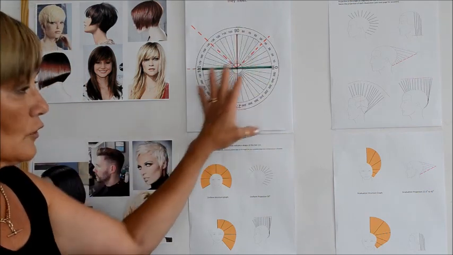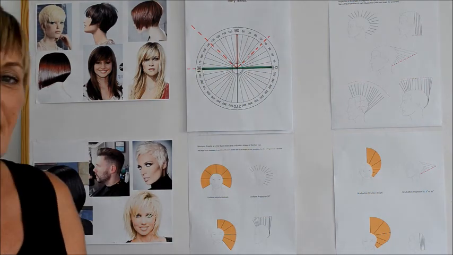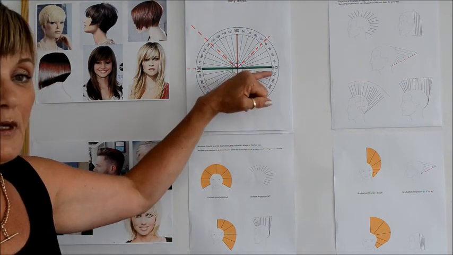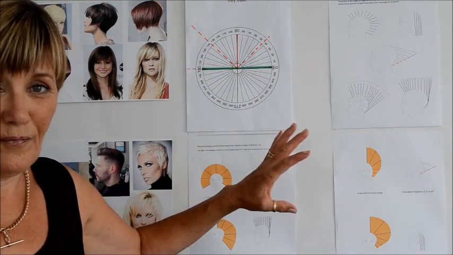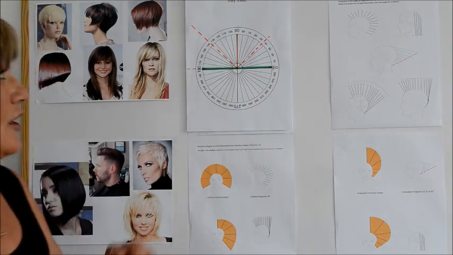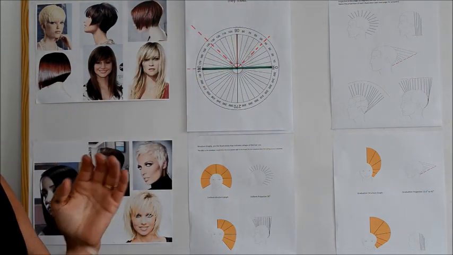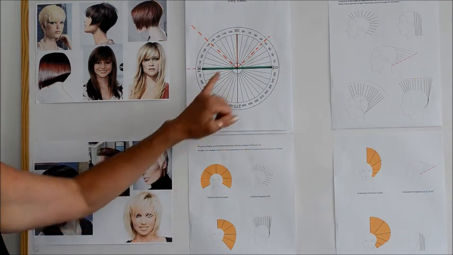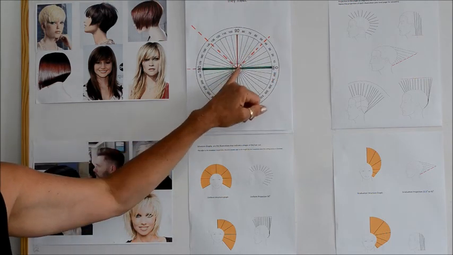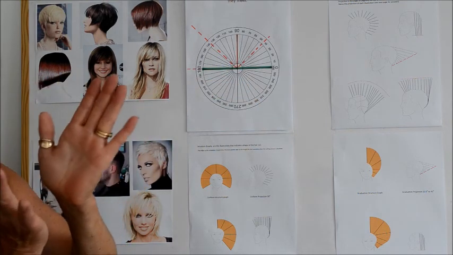If you Google or you have a circular protractor, you will come to realise that angles are created with every measurement between 0 and 360 degrees on a circle. The definition of an angle is the space measured in degrees between two intersecting points or surfaces. So what that means is where these two lines intersect, that area there is the angle.